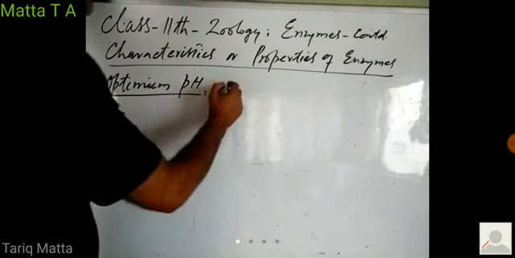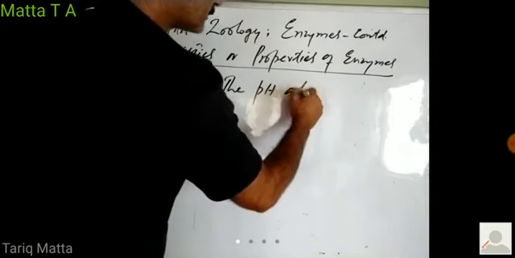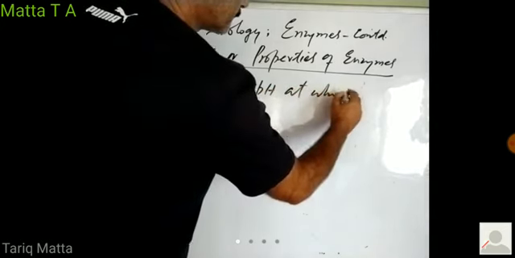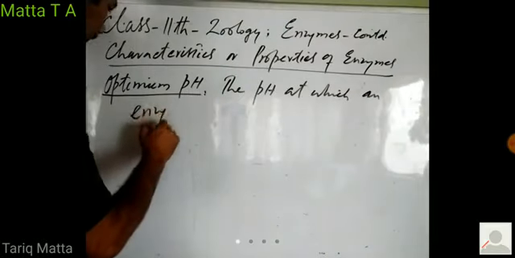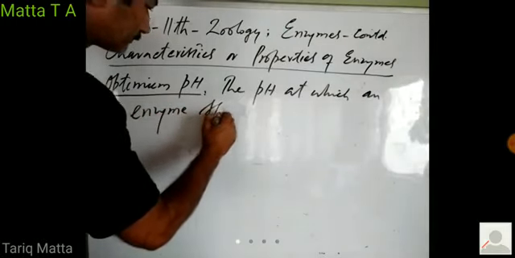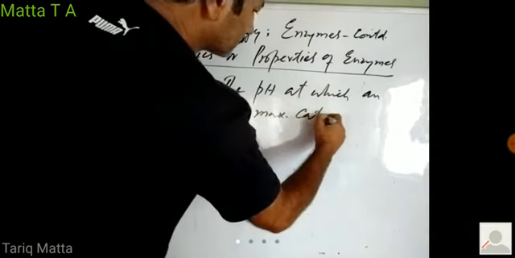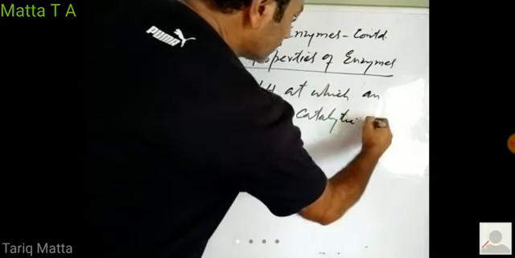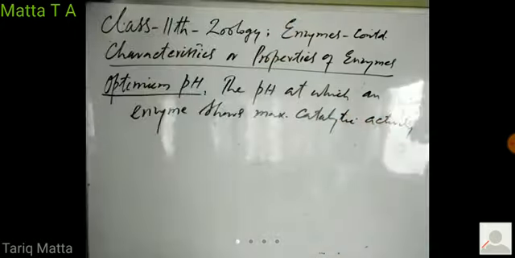The pH at which an enzyme shows maximum catalytic activity. The pH at which enzyme shows maximum catalytic activity, that pH is known as optimum pH for that enzyme.